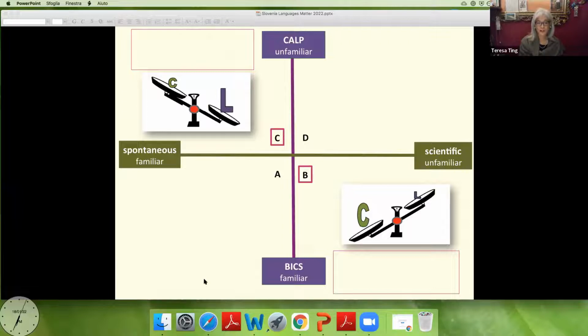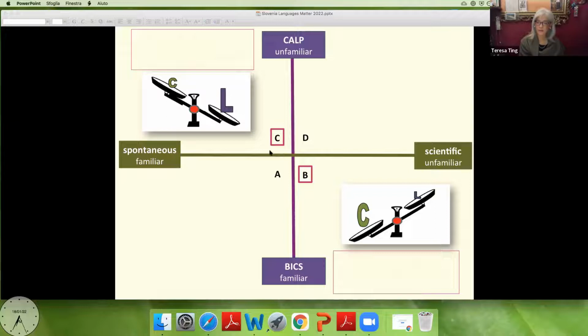So in quadrant C, content is familiar. Language is unfamiliar. So see, content is small and language is big, cognitively heavy, demanding. Concepts are known, not demanding.